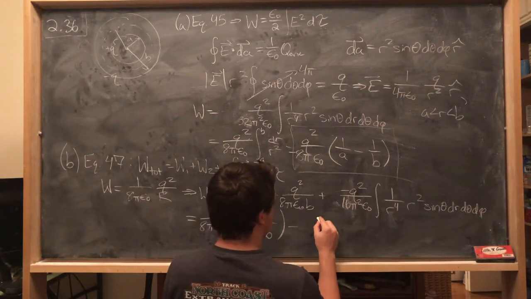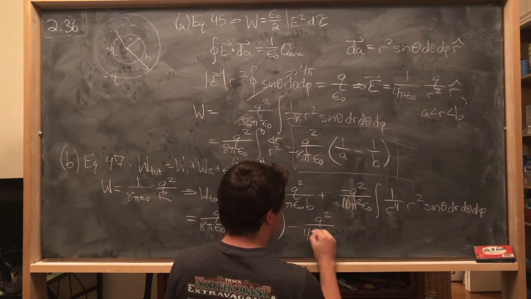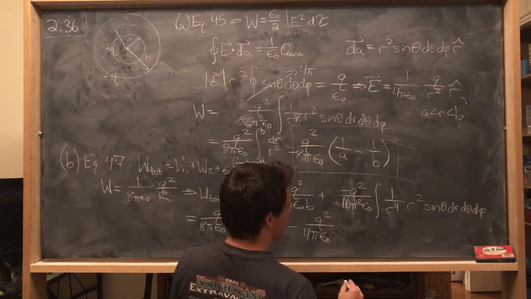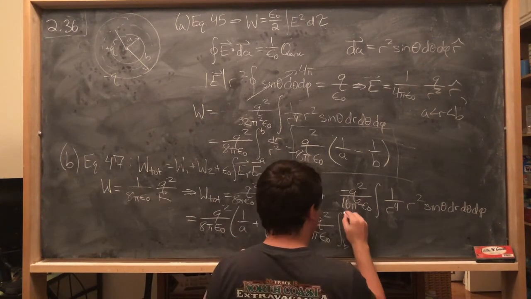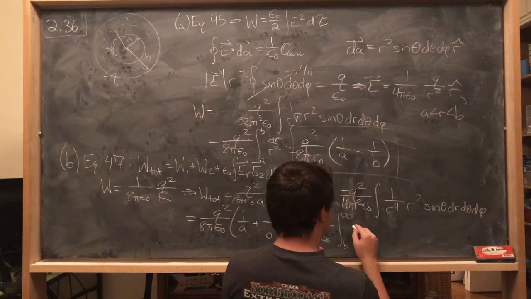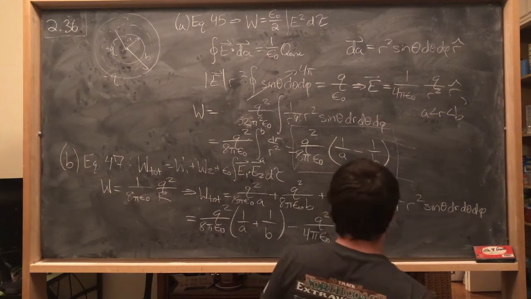So minus Q squared over 4 pi epsilon naught, and then from B to infinity, dr over r squared.